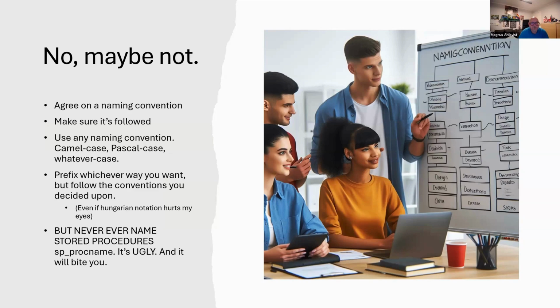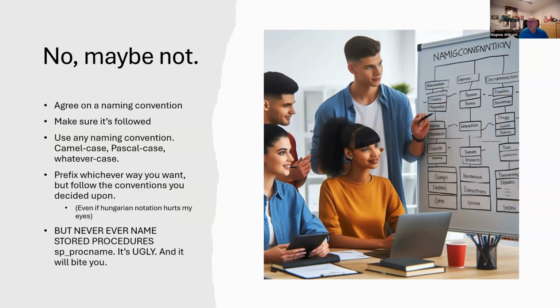There is a special case if you name your user procedure SP underscore, and the case is that if you get a system stored procedure with the same name, that procedure will be called, even if you try to call your own procedure with database name.schema.stored procedure name, etc. You can't alter the stored procedure either, because then SQL Server thinks you're trying to alter a system stored procedure.